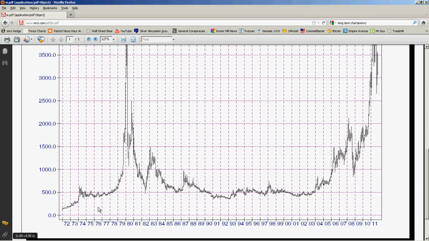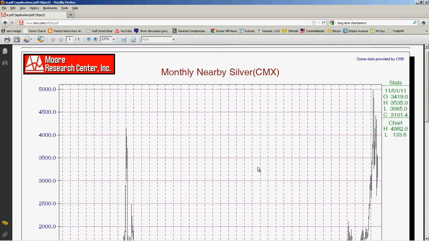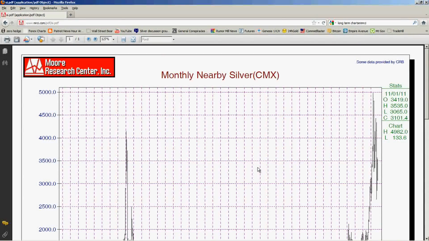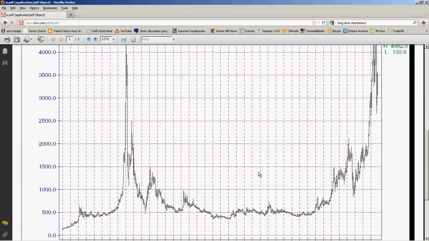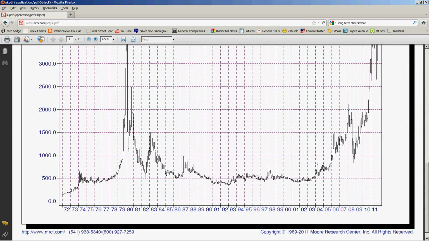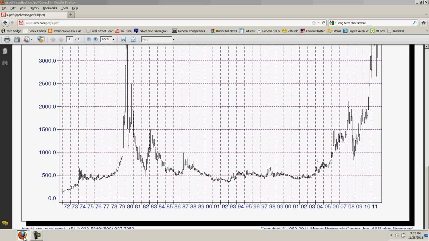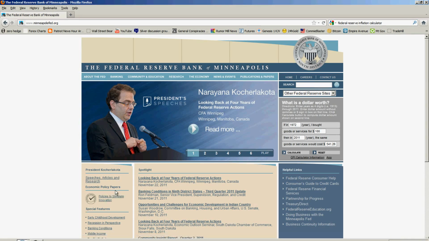And I just wanted to jump over to a calculator real quick. I'm going to be using this a number of times to show you inflation-adjusted prices. Remember, the inflation-adjusted prices are Fed numbers as opposed to Shadow Stats or other numbers, so you have to take those with a grain of salt. This is actually the Minneapolis Federal Reserve page, and you can just put in these prices here.